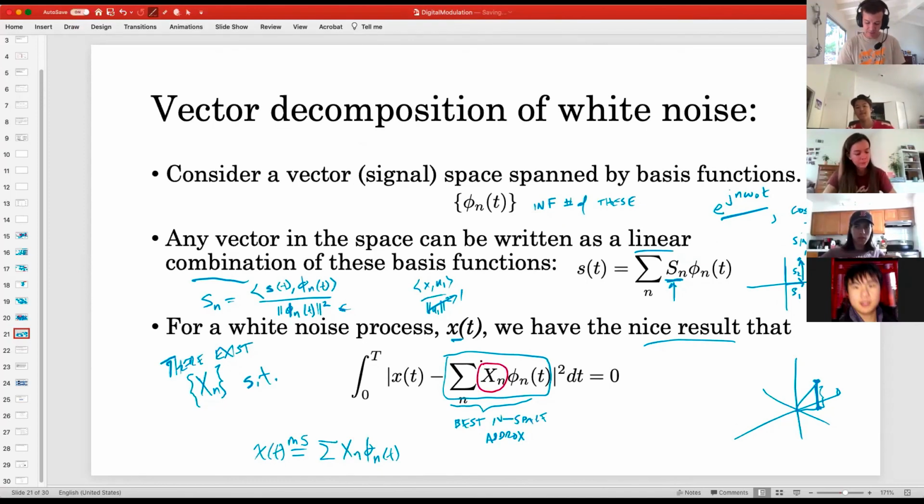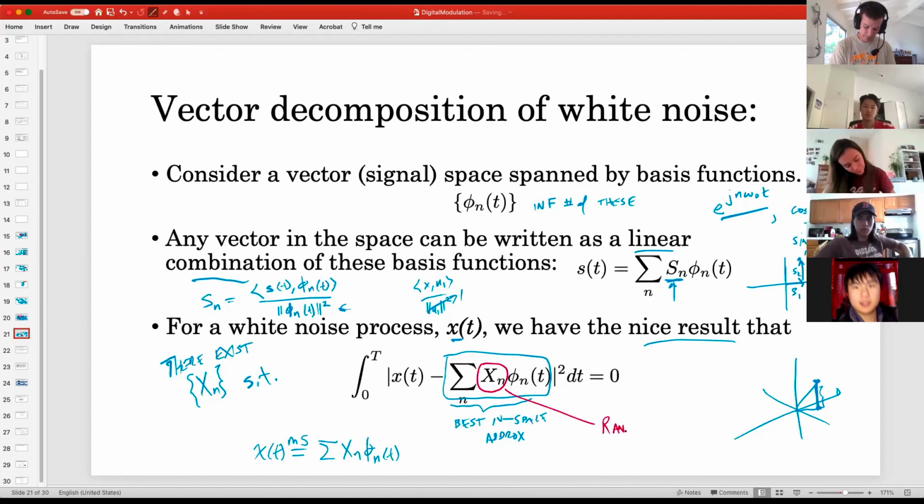Okay, so we can write a white noise process as a Fourier series, quote unquote, provided the coefficients of that Fourier series are random variables. Right, I can't escape the fact that x of t is a random process, and so there has to be some randomness in the way that we generate it out of these basis functions. The basis functions themselves aren't random, so therefore the coefficients must be. That's my roundabout argument for why this has to hold.